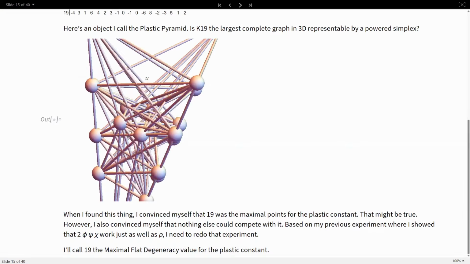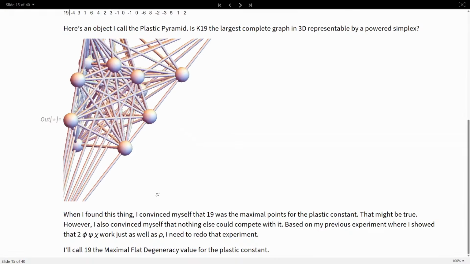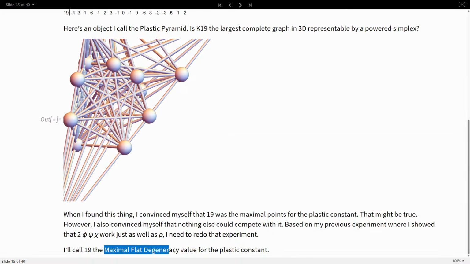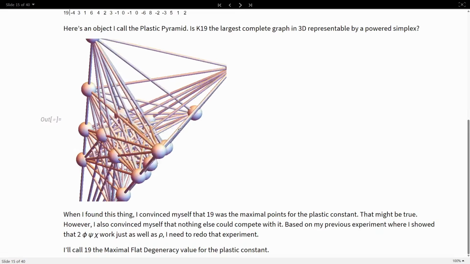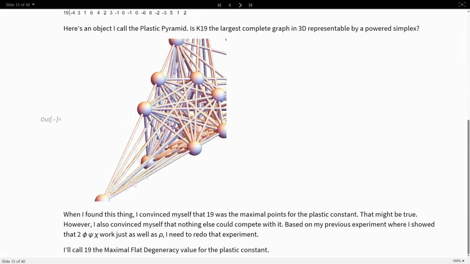So I need to redo my experiment and see what the number of points is in 3D space for these values. So I call 19 the maximal flat degeneracy value for the plastic constant because this 19 simplex is degenerate, even with forced lengths.